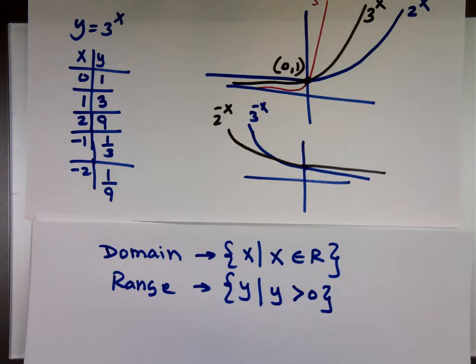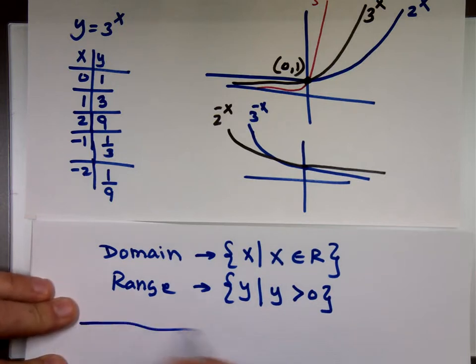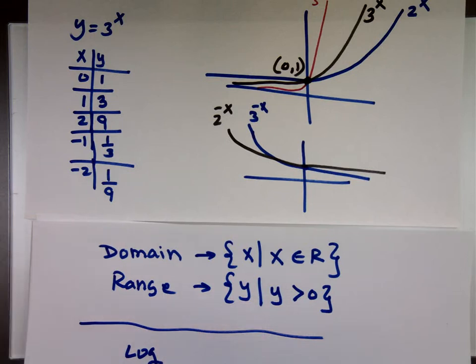Anytime you see an exponential function, in the same section or a different one, the following section is going to be the logarithmic function, the log. The log is really the inverse of the exponential function. That's what the log is. It's the inverse.